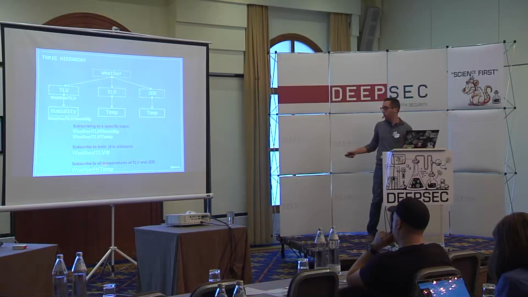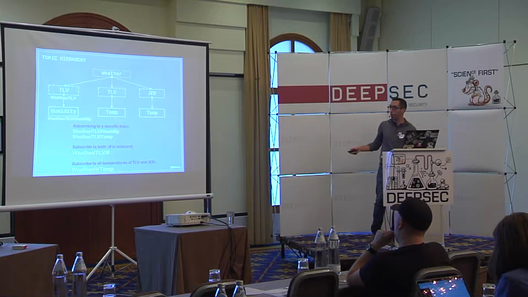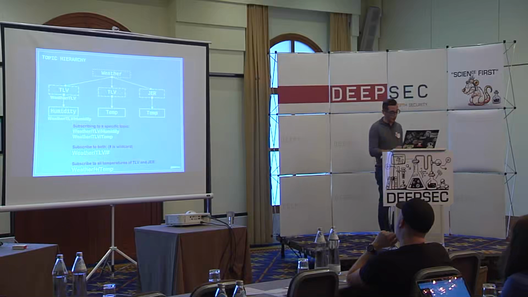The other one is weather/+. Plus says to complete the missing topic in between. If we use plus here, we have weather/+/temp. It means that both weather/TLV/temp and weather/Jerusalem/temp will be applicable and will be subscribed by a single subscription.